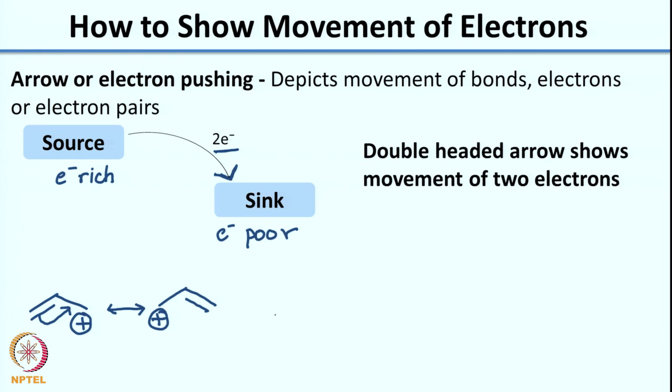You can also think of the earlier structure which I showed you, CH2 minus. So, here this would be your source. The source will come here. Now, carbon cannot have so many electrons, so it will push the electrons onto oxygen.